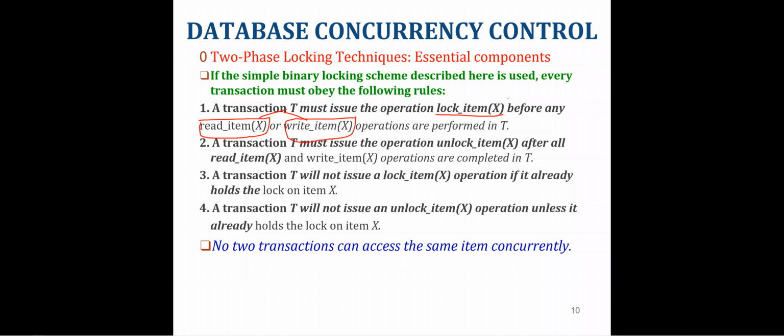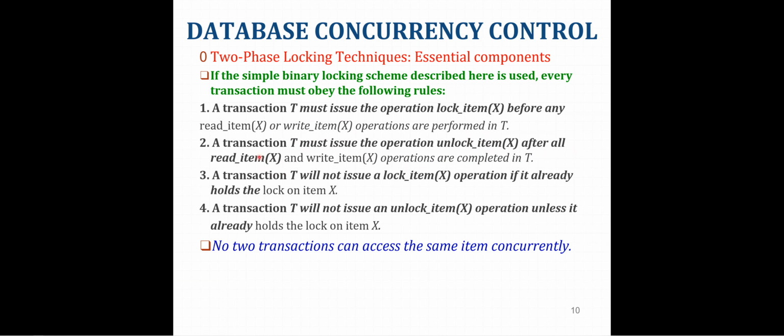Okay. Operations are performed in T, and this is the same as the one that we discussed in the previous slide. Let me grab the laser again. Transaction T must issue the operation unlock item after all read item and write item operations are completed in T. So you cannot just put unlock item before you finish all operations.